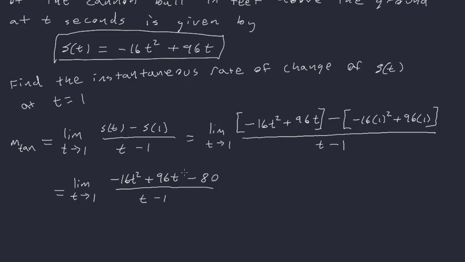Now, we're going to try and factor. So we'll factor the top. The first thing we can do up top, it looks like we could take out a 16. And I'll go ahead and take out a negative 16.